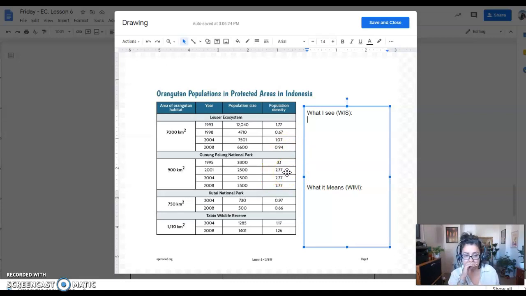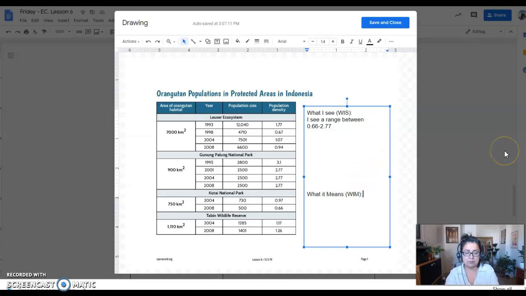So that is what I see. So I can say what I see is a range between 0.66 to 2.77. What does this mean?